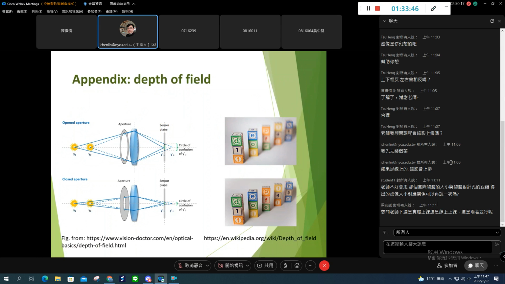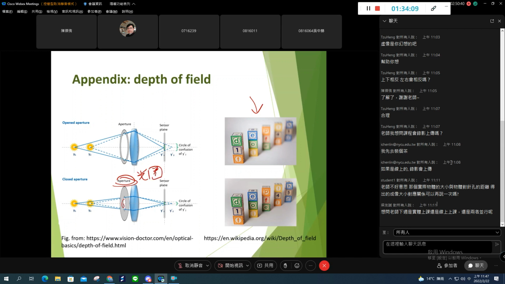One idea is that we can shrink. So this is just an appendix. If you have no idea about the camera or depth of field, you don't have to worry about that. Okay. So one trick to avoid this kind of thing is that perhaps we can shrink our aperture. Aperture means 光圈.